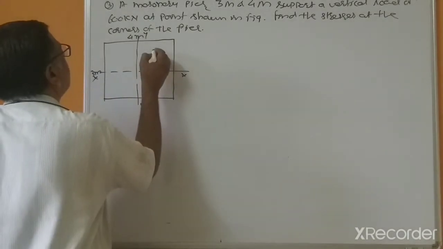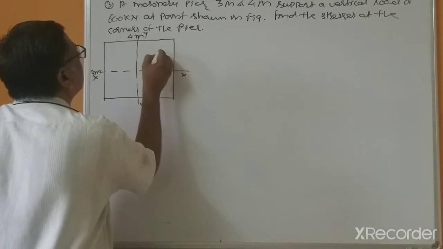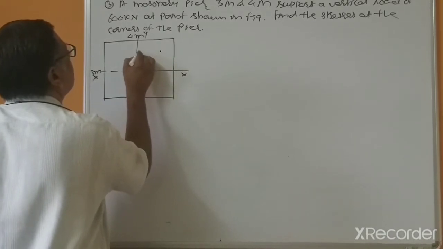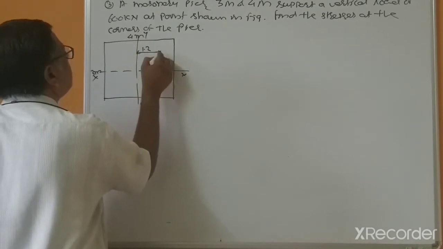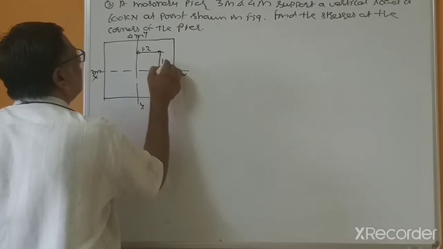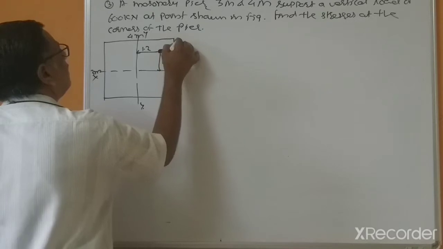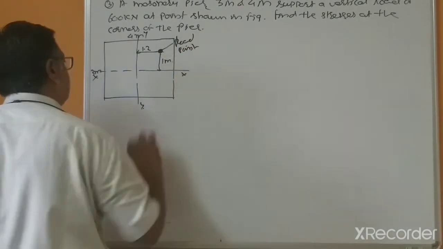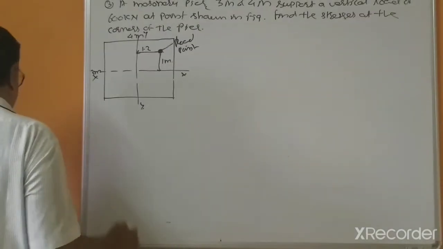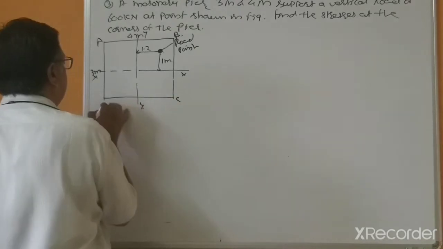And this load point is given 1.2 meters and this is 1 meter. This is load point. Suppose the corners are A, B, C, D.